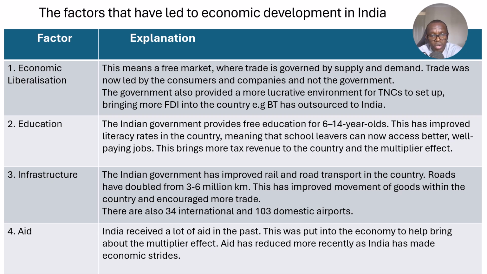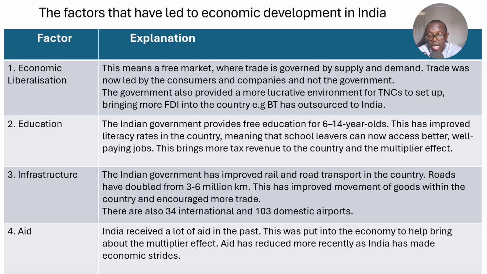Now, the second factor that has led to economic development in India is education. Now, the Indian government provides free education to 6 to 14-year-olds. Now, this has been very important in improving development in the country because it means that literacy rates in the country have improved.